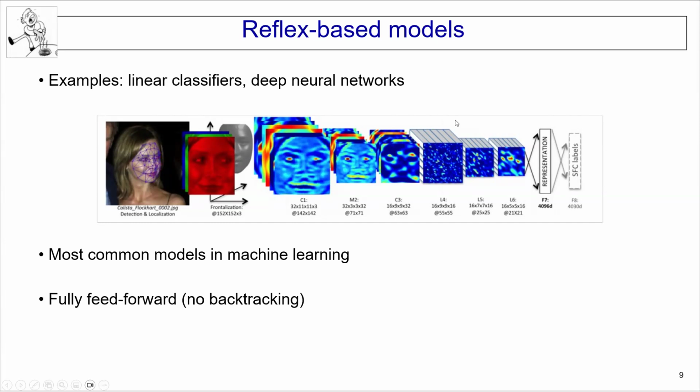Now, the main characteristic of a reflex-based model is that the computation is feed forward. So we can see in the diagram, it is feed forward, and one doesn't backtrack and consider alternative computation. So inference is straightforward in this model because it is just running the computation, which makes this model appealing.